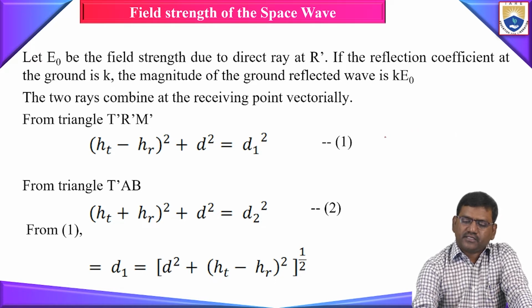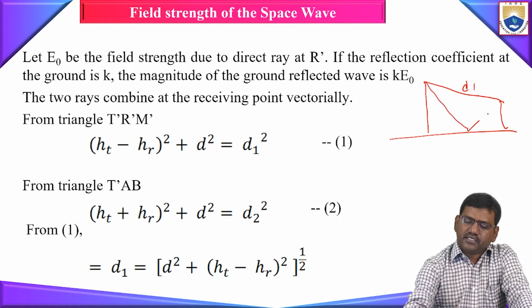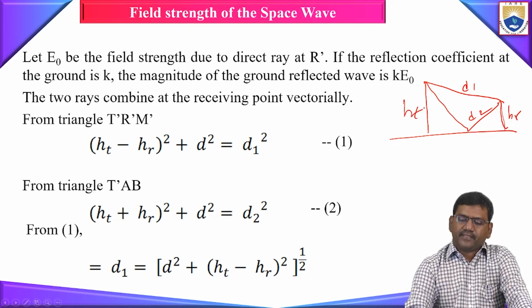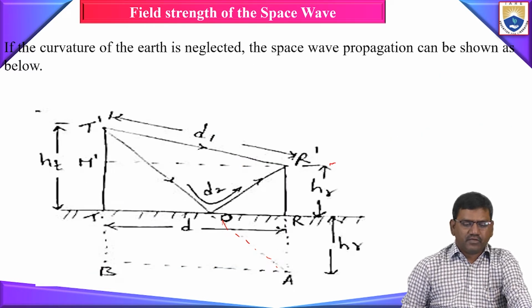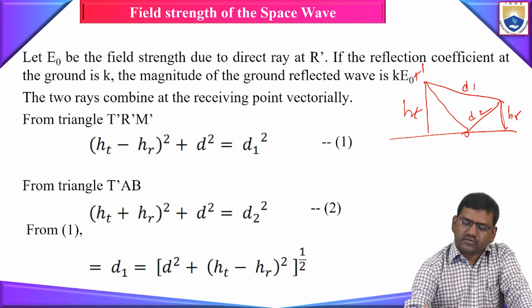Let us take the surface of the earth like this, and this is the transmitting antenna, and here there is a receiving antenna. This is D1, and this is D2. This is the height of the receiving antenna HR. This is the height of the transmitting antenna HT. Let us extend T dash O to A.